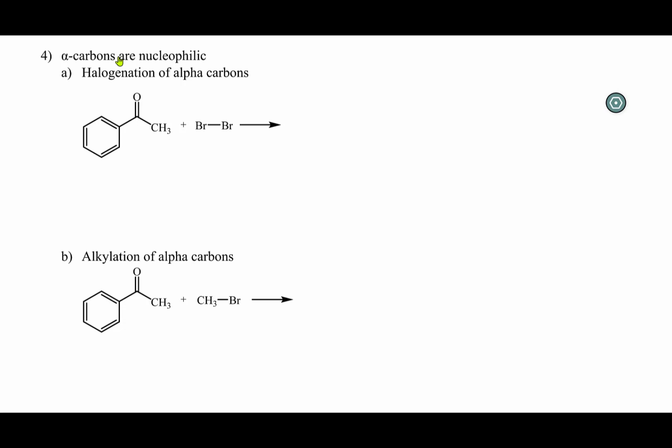And what it's going to do is attack the bromine and add the bromine to this carbon. So what happens is it looks like this. You're going to end up with this as your product. And what's left for the other bromine would be a bromide ion. So this is how this happens.